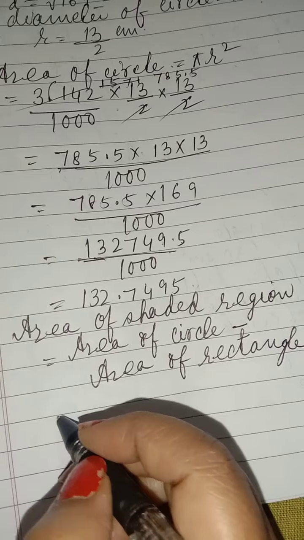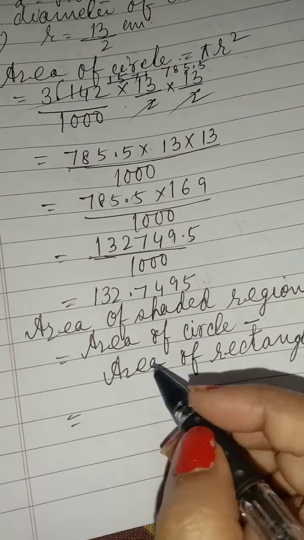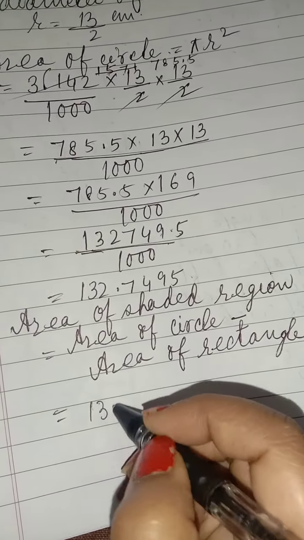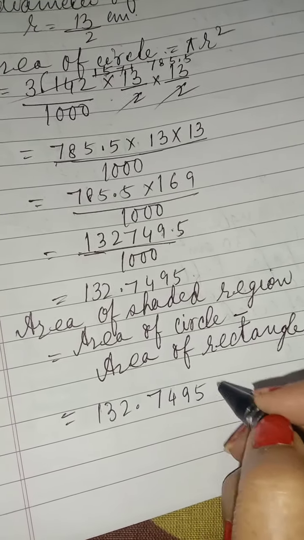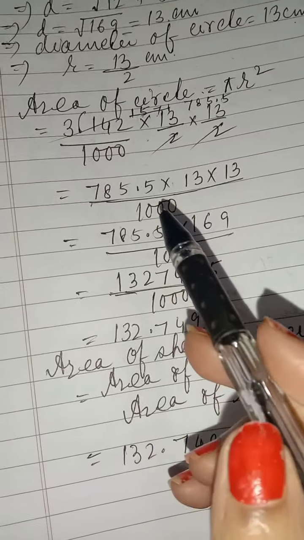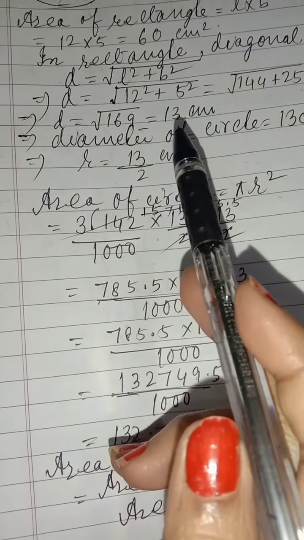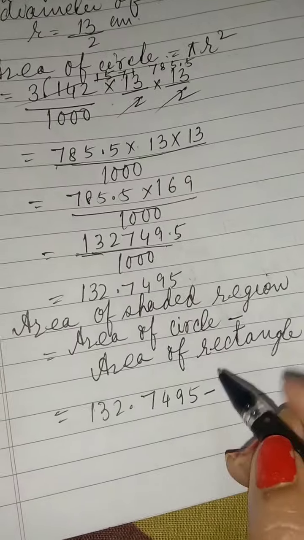Area of circle is 132.7495 minus area of rectangle, which was 60.